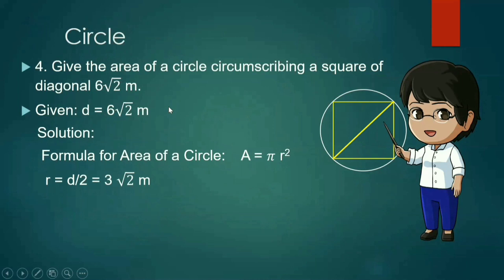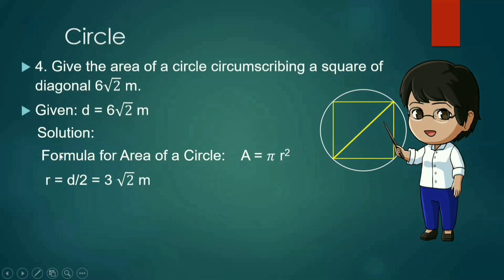Problem number 4. Give the area of a circle circumscribing a square of diagonal 6 square root of 2 meters. So we have a given diagonal of 6 square root of 2 meters, and we know that half of the diagonal is equal to the radius. So here is the solution.